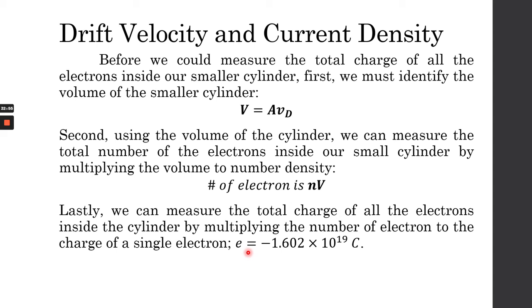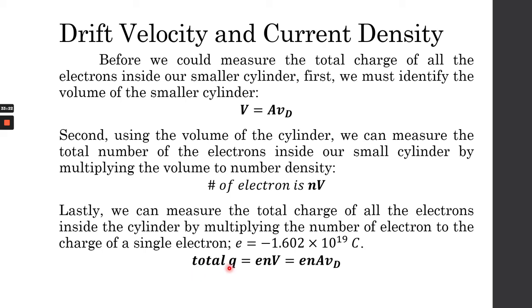So we know that the charge, or coulomb, of a single electron is negative 1.602 times 10 raised to negative 19 coulombs. It's usually denoted with a small letter e. So multiplying e by nV will give the total charge of all the electrons inside our cylinder.